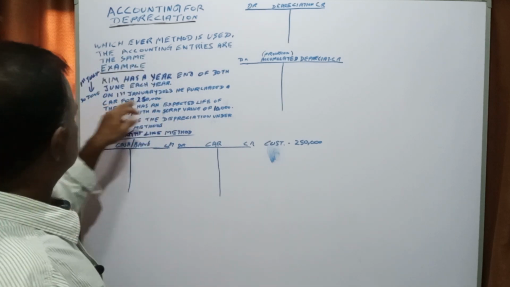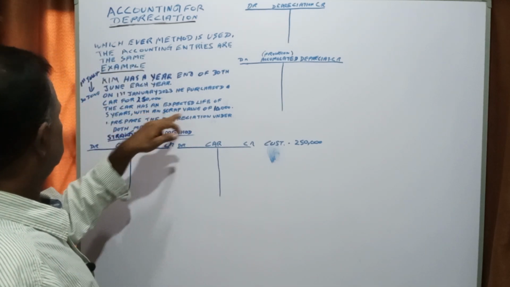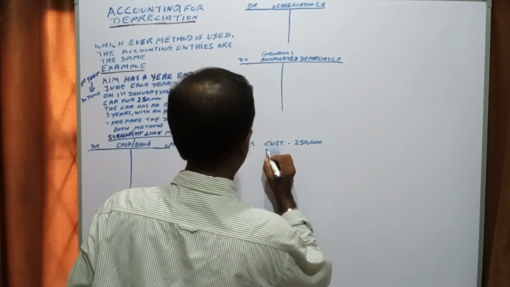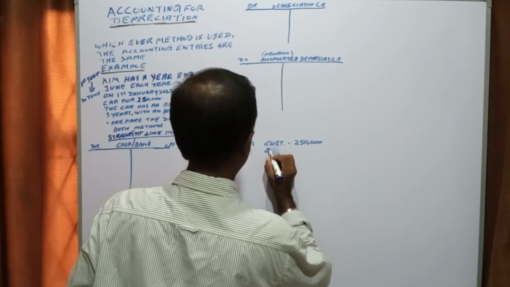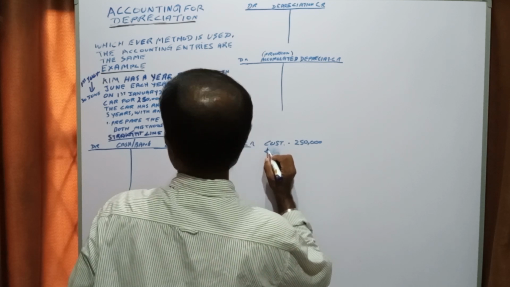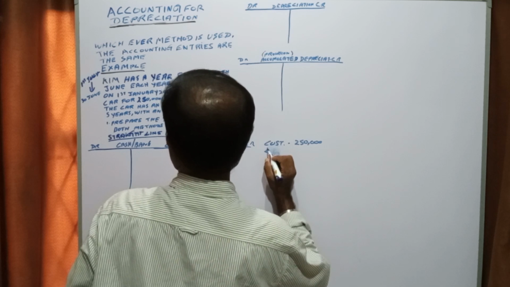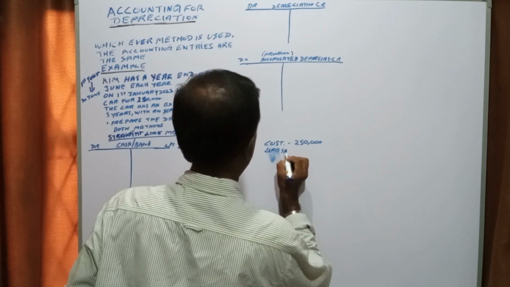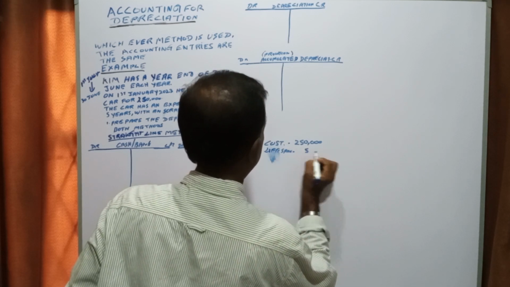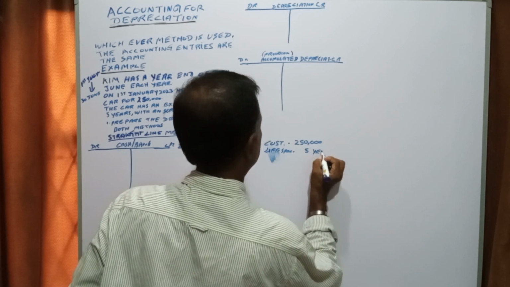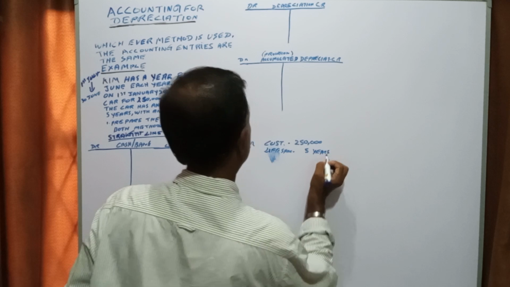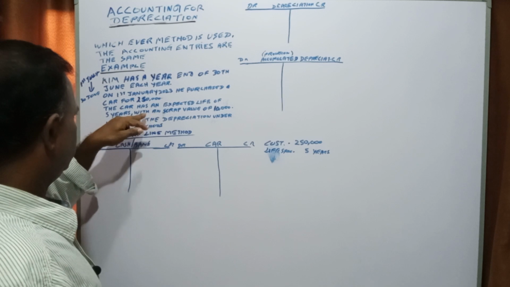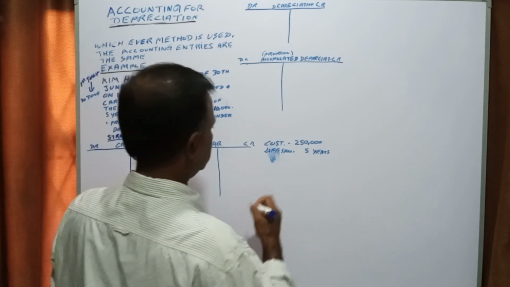Then scrap value: the car has an expected life of 5 years, so the lifespan is 5 years, with an expected scrap value of 10,000.